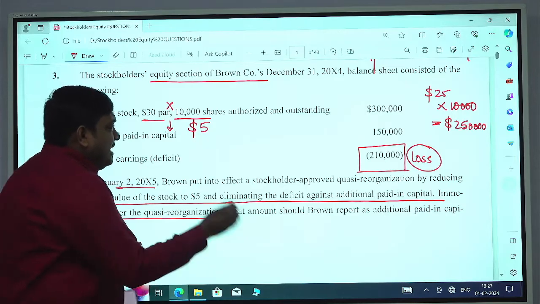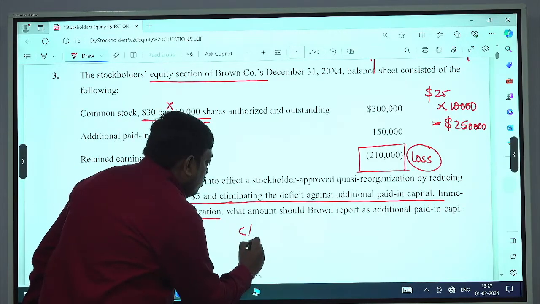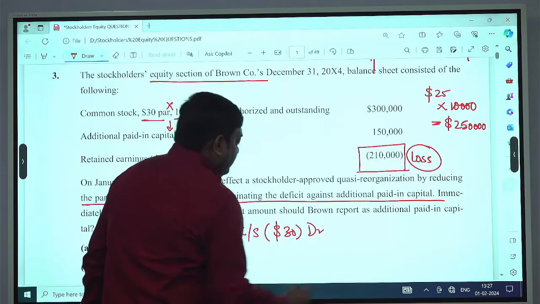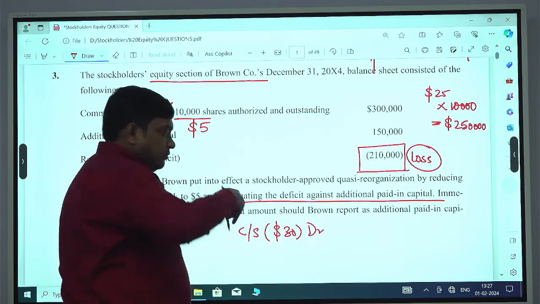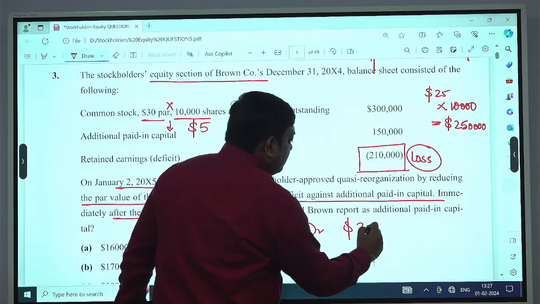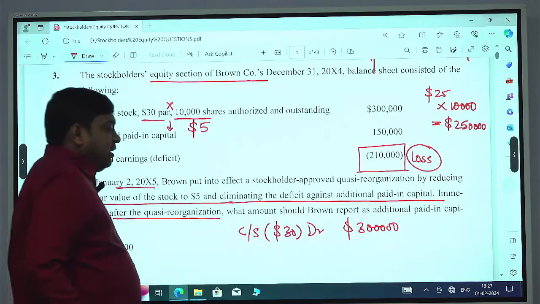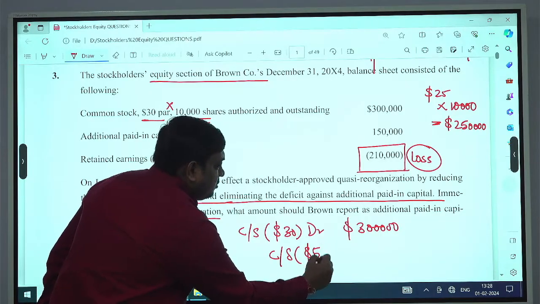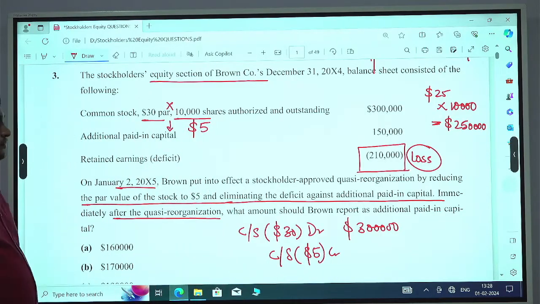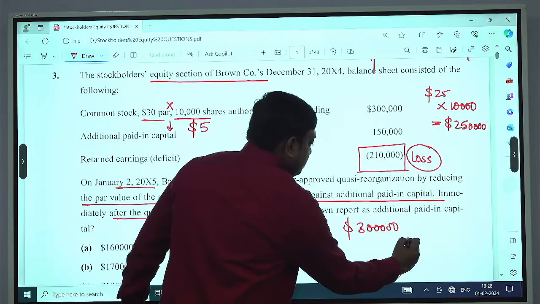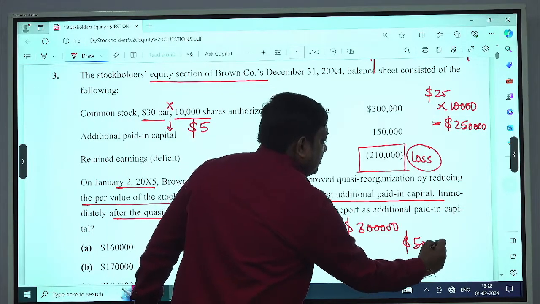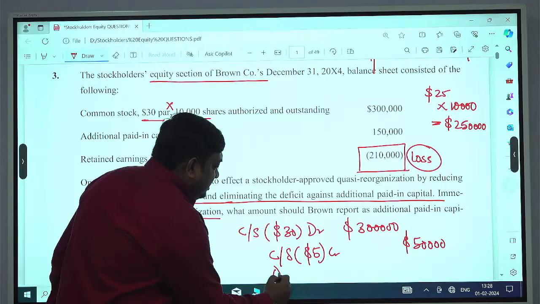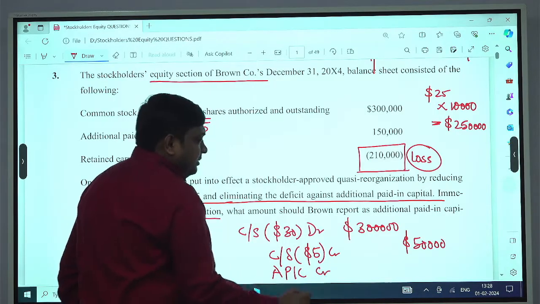So now what happens, I'll tell you. Common stock $30 debit. How much? Total is $3 lakh. Common stock $5 credit. How much? $50,000. The difference is additional paid in capital credit.